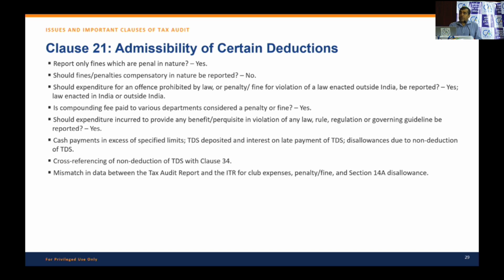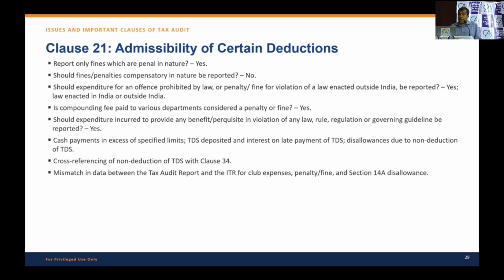The requirement for disallowance of income tax is purely an income tax on the assessee's income. Now TDS or interest on TDS has nothing to do with the assessee's income tax.